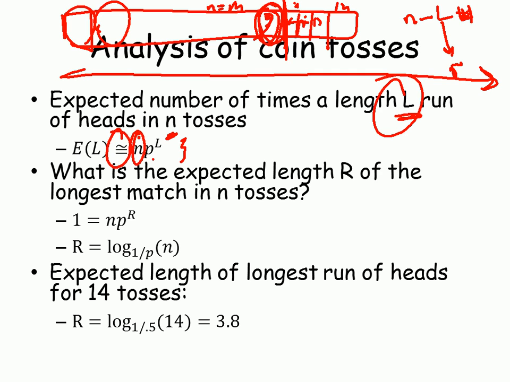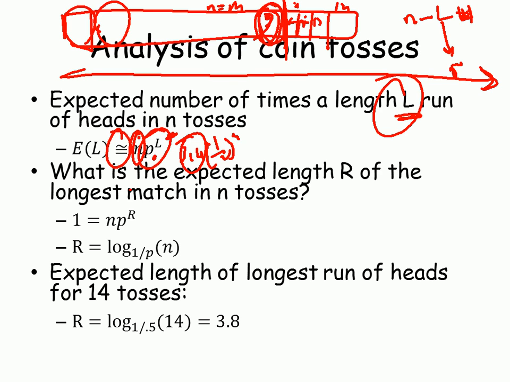Okay, and then the probability of a single coin toss to the power L. So that's 1 over 2 to the power 5. And then this was 10, but I will use 14 instead. Okay, so I'm going to use n itself instead of n minus L plus 1. All right, and as n gets larger, the error in this approximation will be smaller.